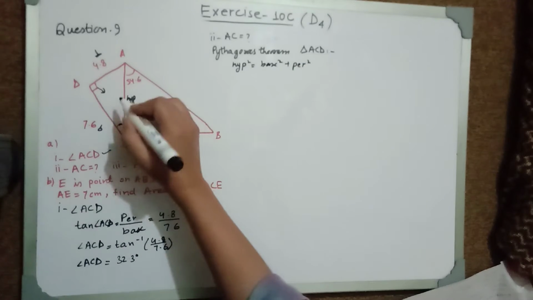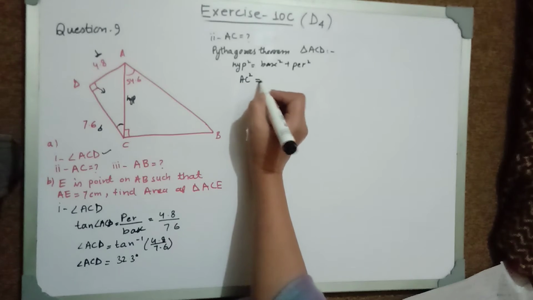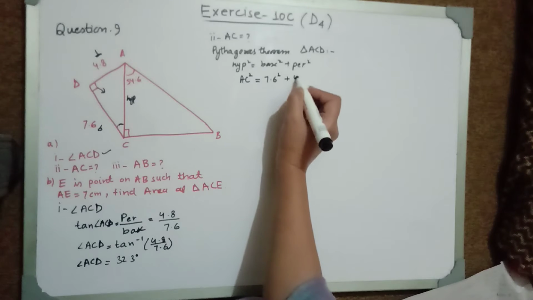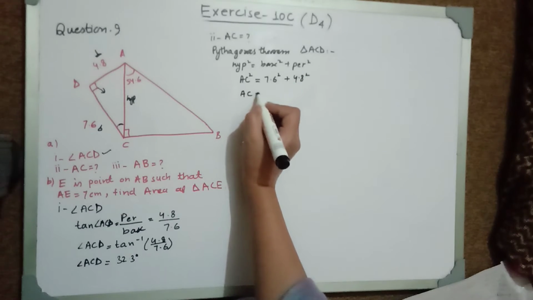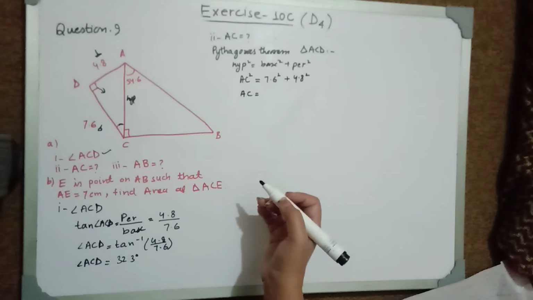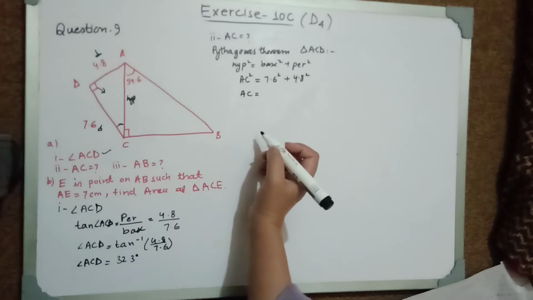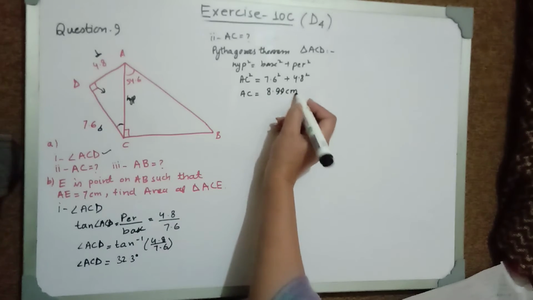Hypotenuse is this side AC, which we are trying to find, and base is 7.6 square plus 4.8 square. On solving you will get AC equals 8.99 centimeters.